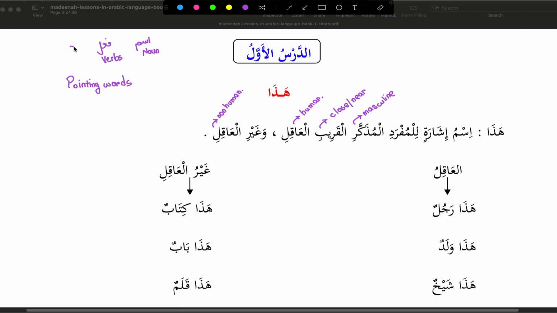And then we have harf, which are roughly translated as particles. Now, like prepositions and all those things. So pointing words fall under this category, like they are a type of nouns. So what we have is, we have pointing words, and they are of two types.